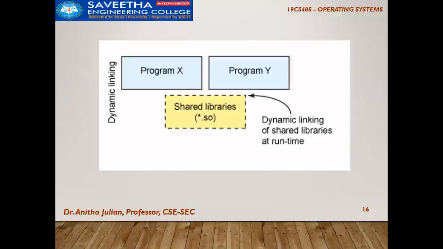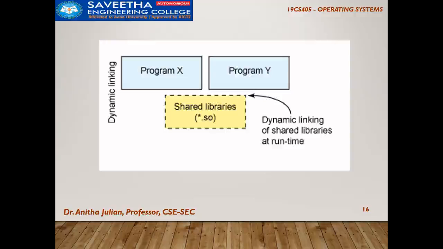Program X and program Y might be sharing the same set of libraries. So they are not put into the program, but kept aside, and during execution time they are dynamically linked. So the program object size is not large, and space and time are also saved.